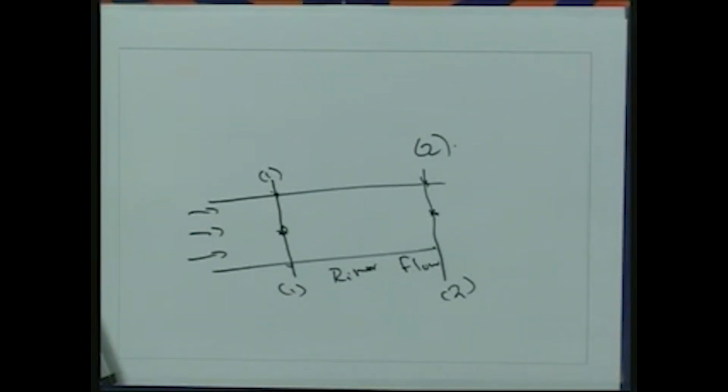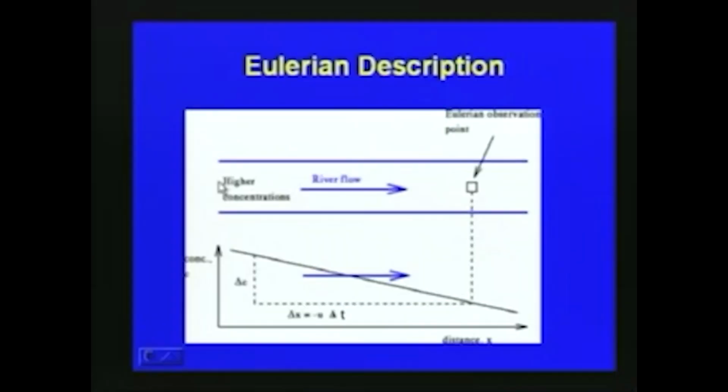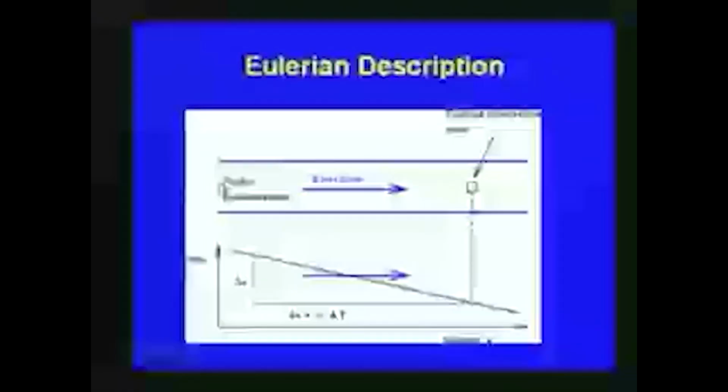Here you can see in this figure a river flow, and a higher concentration, or contaminant bloom, is introduced at this position. If we want to see this in the Eulerian description, there can be an observation point as shown in this slide.